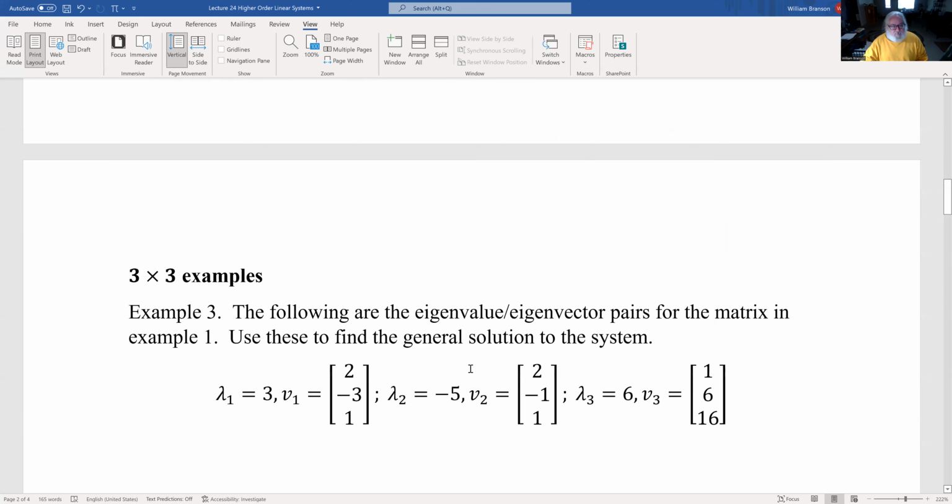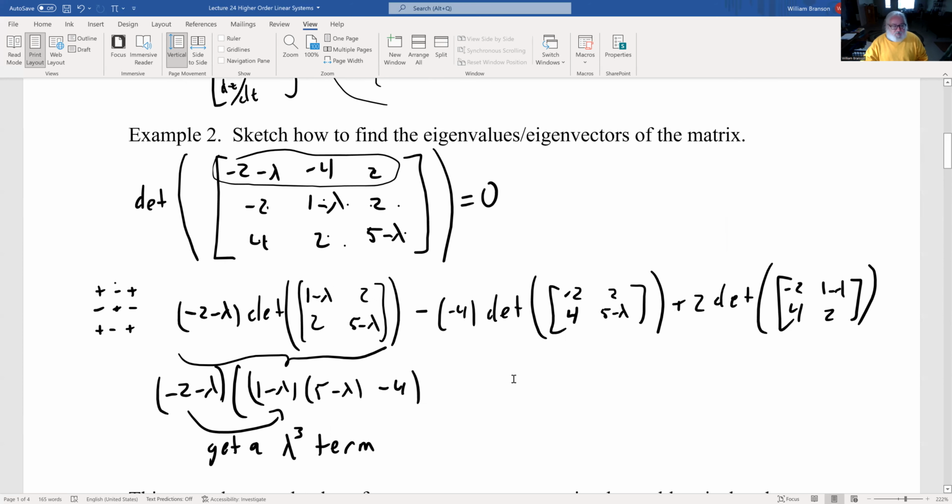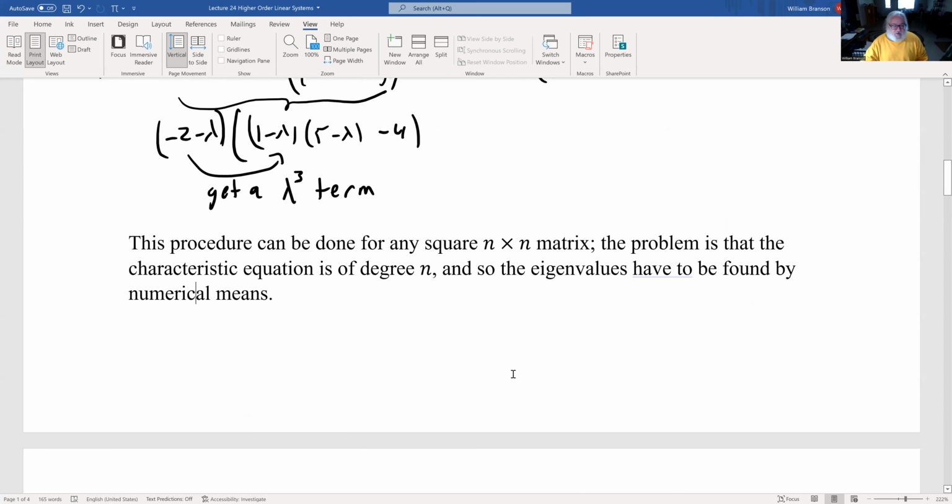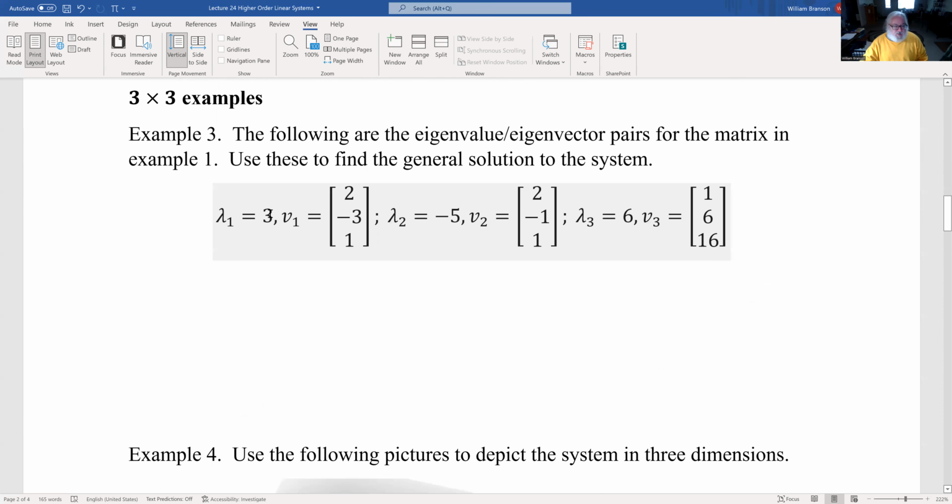So here's an example. In example 1, if you grind through finding the eigenvalues and eigenvectors, you get 3 distinct eigenvalues, and each one's got an eigenvector. What's the solution? Well, we just extend the same kind of systems that we had back in 2 dimensions.